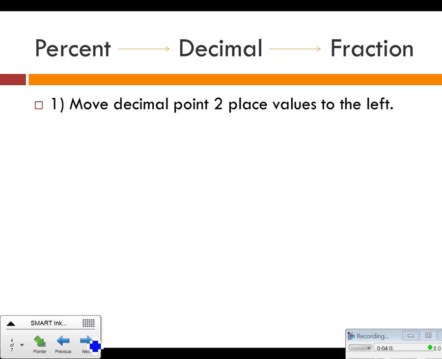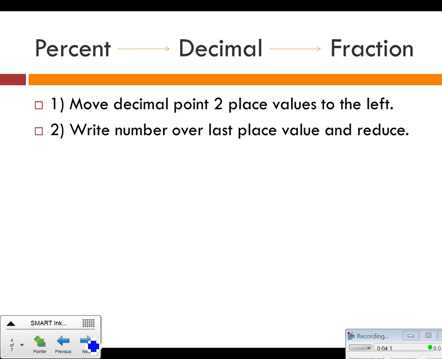Now we're going to be moving a percent into a decimal and then that decimal into a fraction. So we're going backwards. What we're going to do is move the decimal point 2 place values to the left. Once we do that, we have a decimal. Then we're going to write the number over the last place value and reduce. So let's take the percentage 20%.